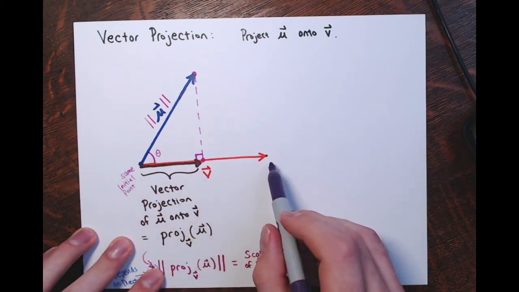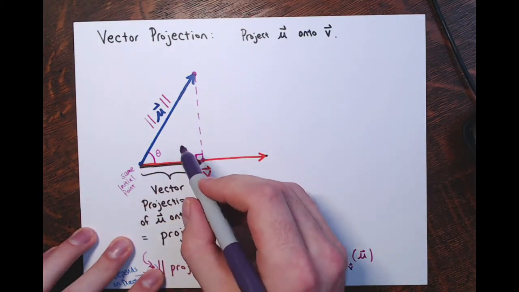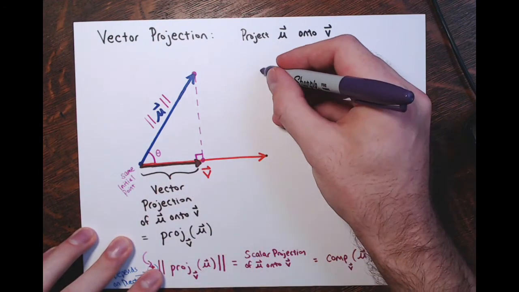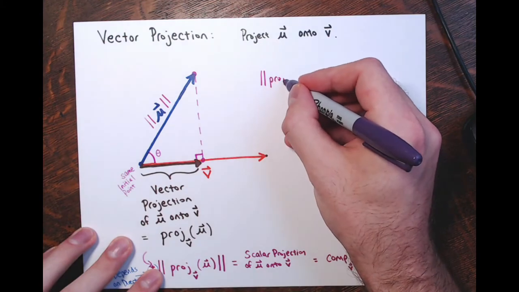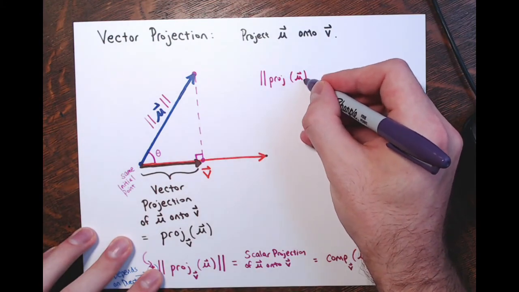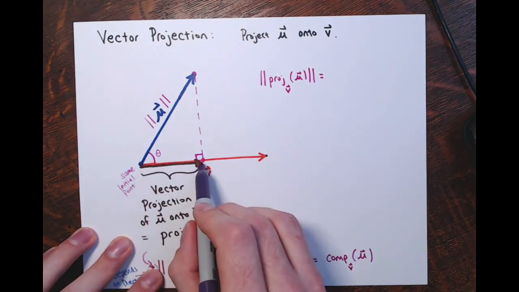The length of this whole side is the magnitude of v. But then, the length of this thing here, the length of that projection vector, the length of this base.